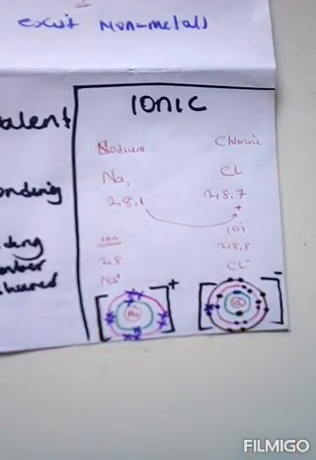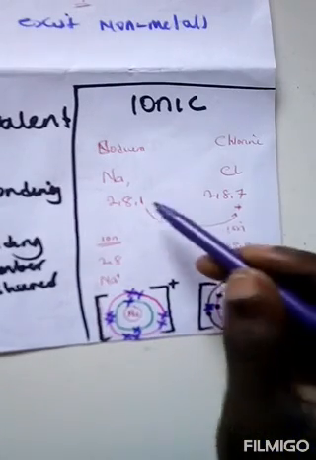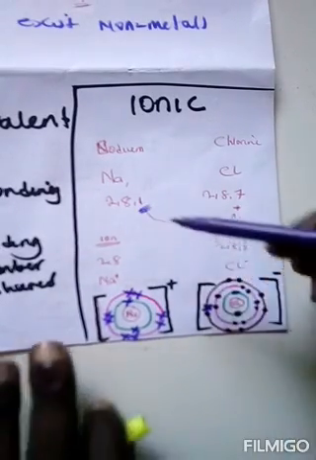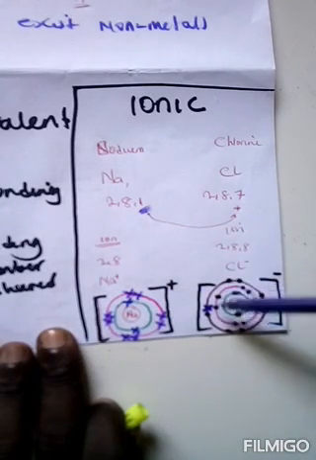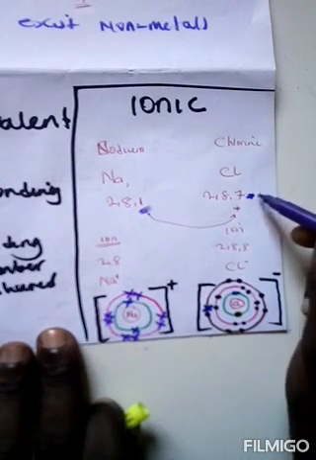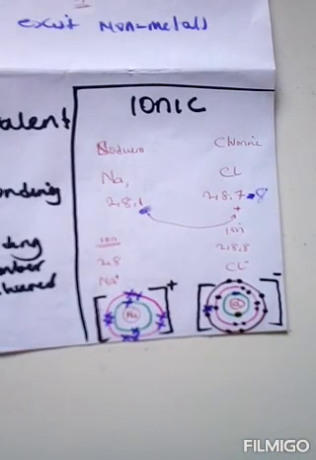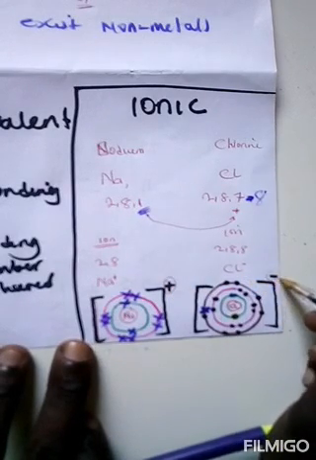So that is how you draw a dot and cross diagram. This electron was lost by sodium's last shell, and it came here to make the outer shell have 8 electrons. So that's how electrovalent bonding happens.